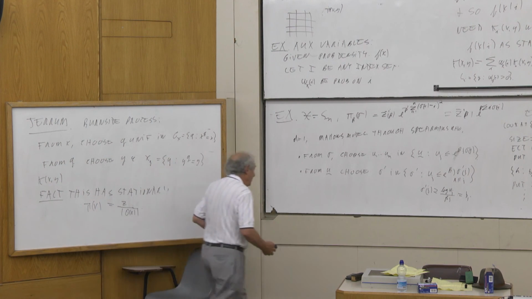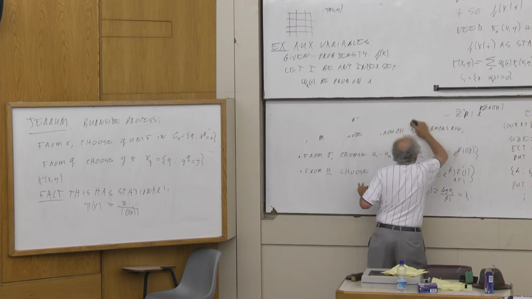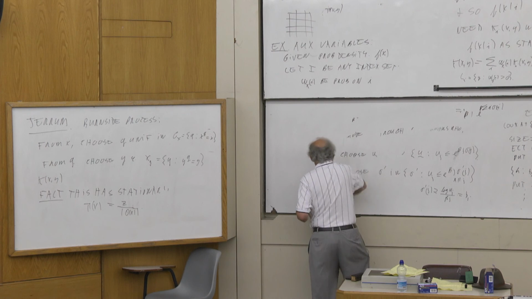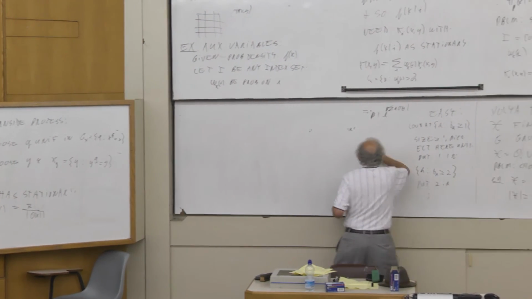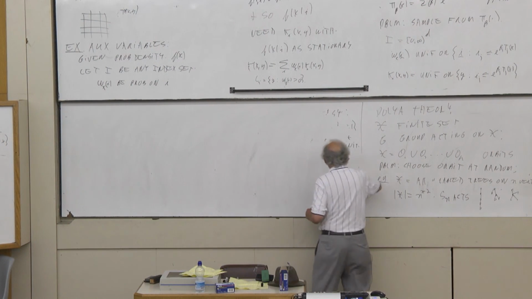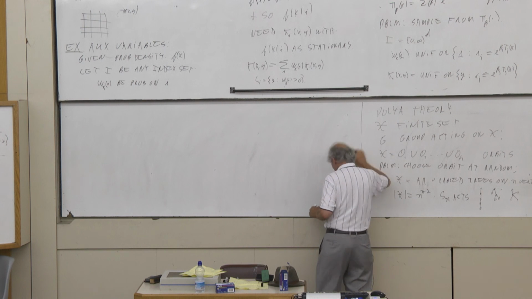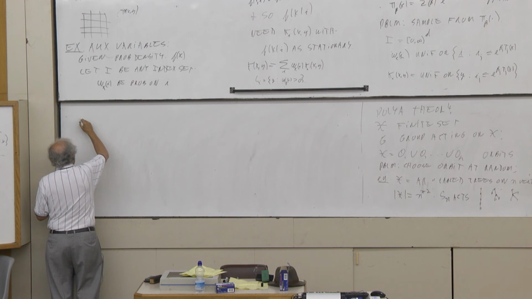So let me give you a simple example. Again, there are lots of groups and lots of sets that they act on, and any one of them is a research problem. But here's one where we did the work. So I'll do the simplest case.